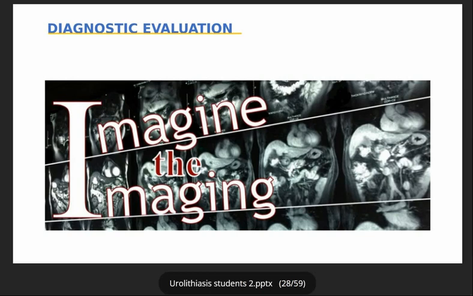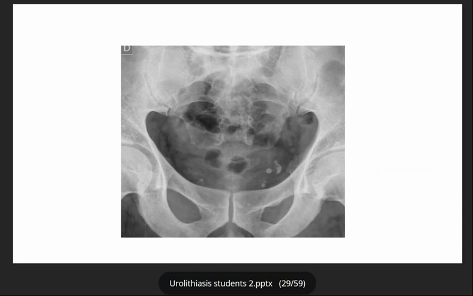So for diagnostic evaluation, imaging is the cornerstone for diagnosing any calculi. This is an X-ray, a KUB, and you can notice here there are hyperdensities in the pelvis. Usually the stones are not very nice and round like this. So these are most likely pelvic phleboliths, which are calcification of the pelvic vessels.